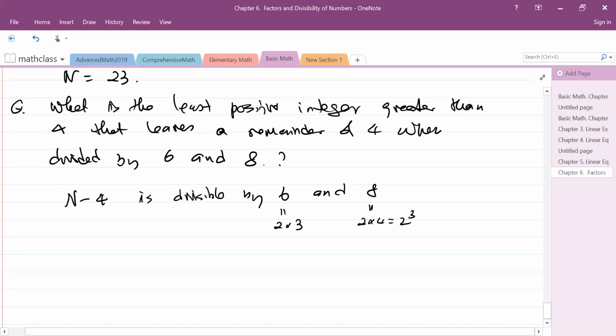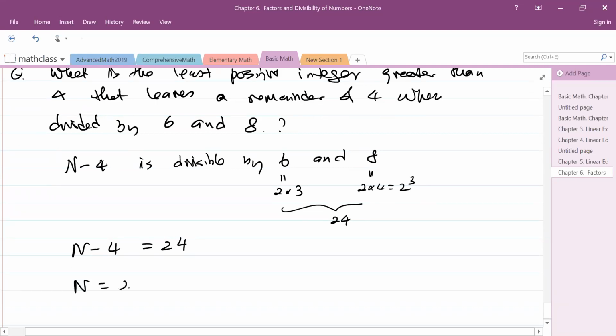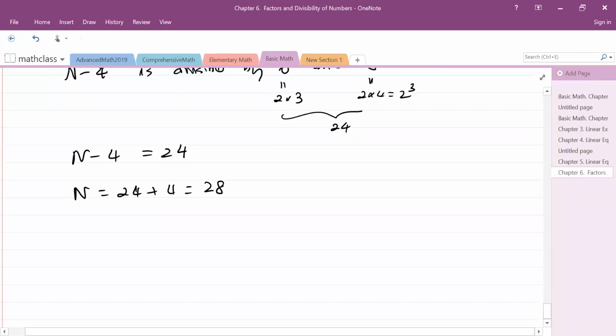Combine them, and it should be divisible by 24. So the smallest positive number divisible by 24 is 24. 24 plus 4 is going to be 28. Okay, that's cool.